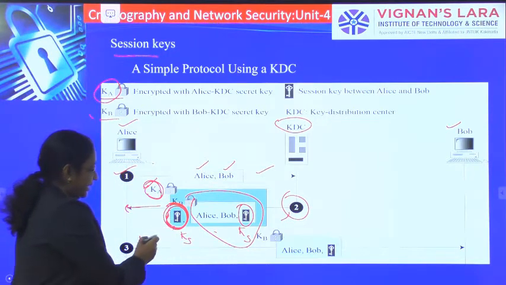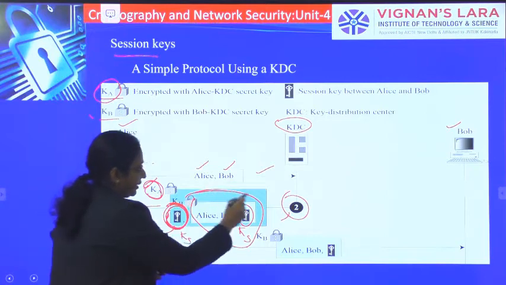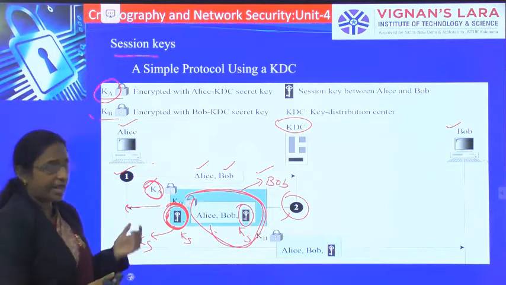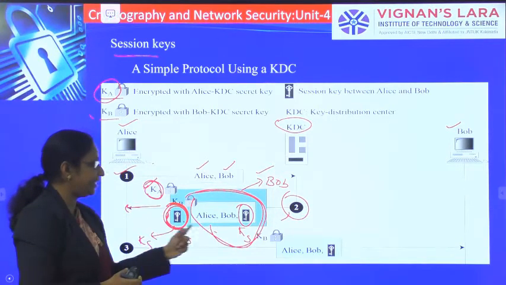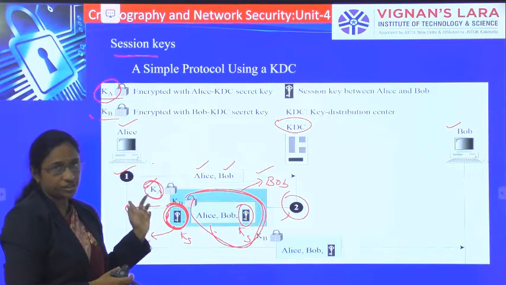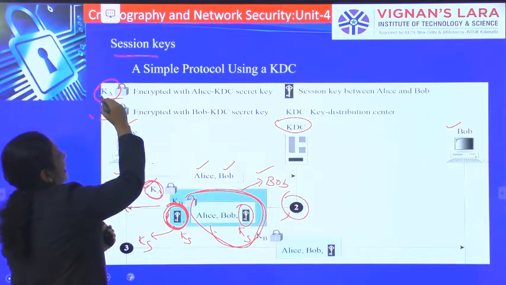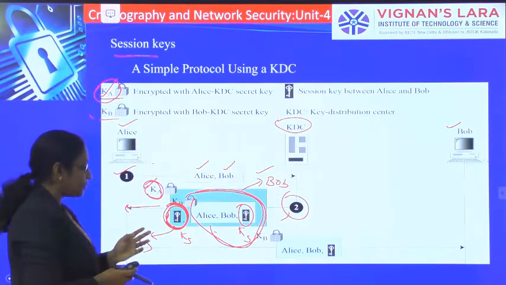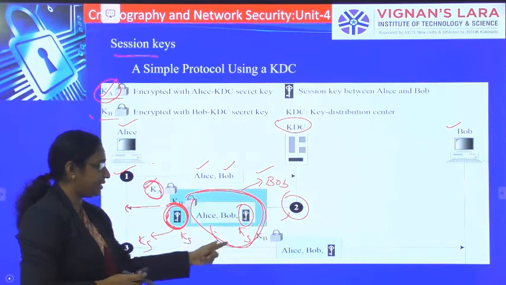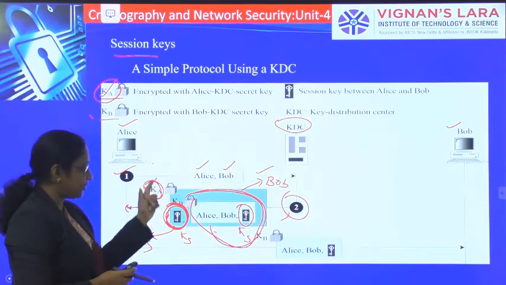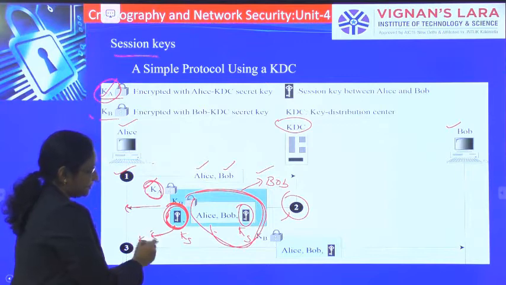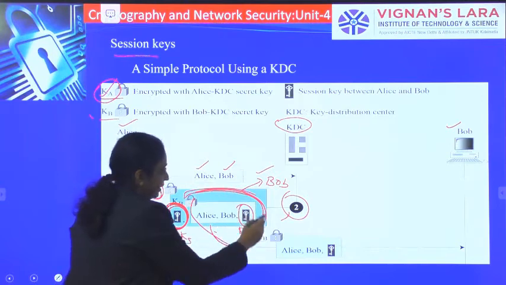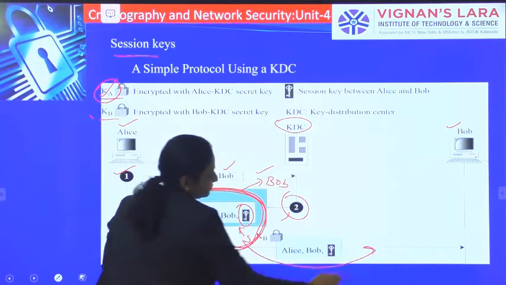This session key is meant for Alice, and this part is meant for Bob. So she decrypts this and takes her part of the session key, and she sends the part for Bob to Bob.